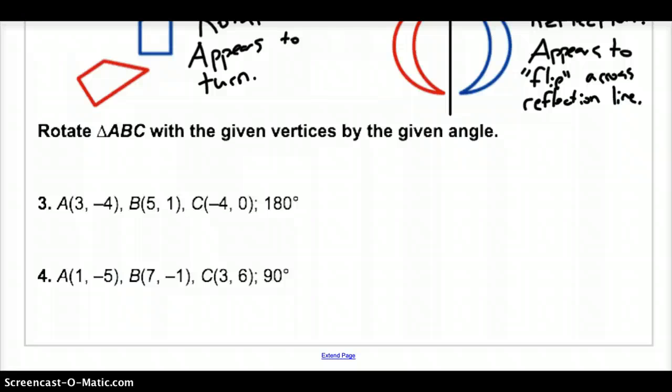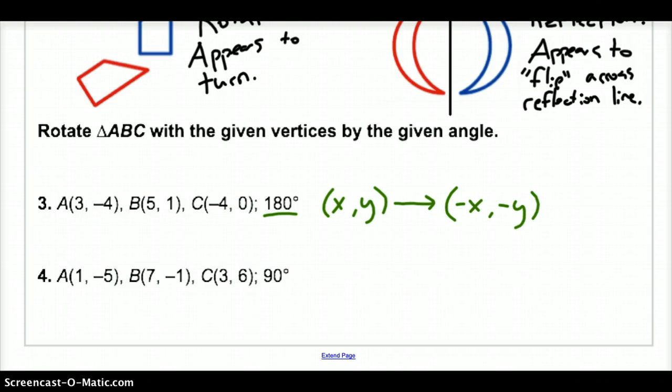In the next series, it asks us to rotate triangle ABC with the given vertices by the given angle. The first one says 180-degree rotation. We have to remember that the rule for a 180-degree rotation is that we take our original ordered pairs and make them the opposite of what they originally were.